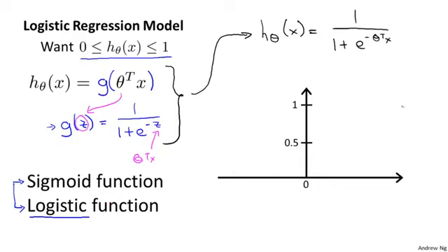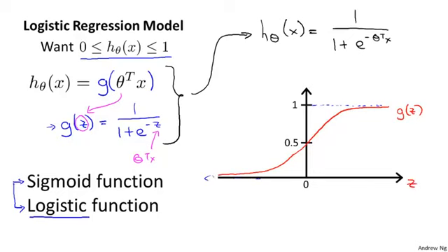The sigmoid function, g of z, also called the logistic function, looks like this. It starts off near 0, and then it rises until it crosses 0.5 at the origin, and then it flattens out again like so. So that's what the sigmoid function looks like. And you notice that the sigmoid function asymptotes at 1, and it asymptotes at 0, where z is the horizontal axis.